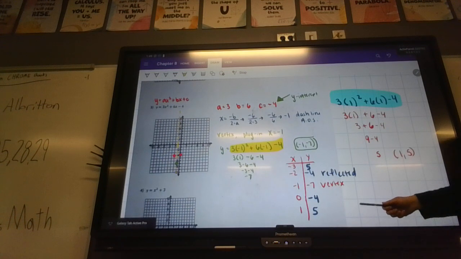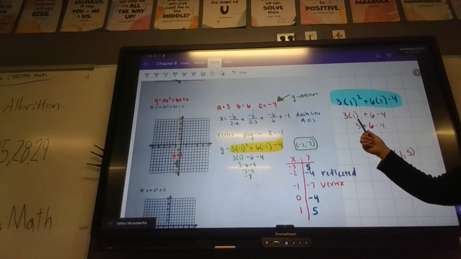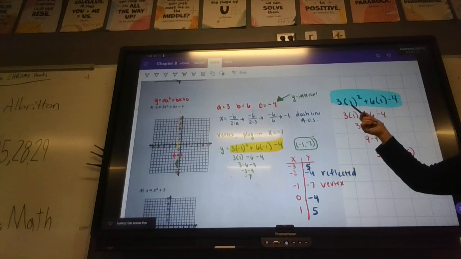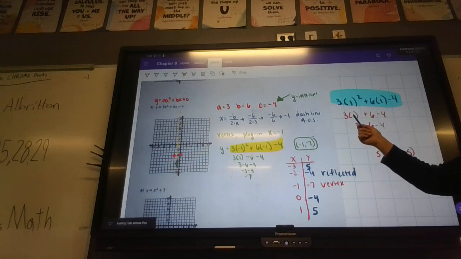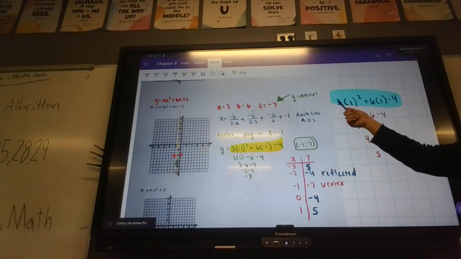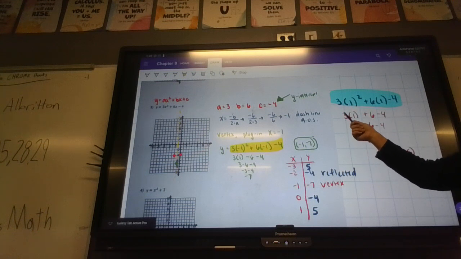So the 5 reflects, and we'll go to the top. You probably did 3 times 1 first, and then 3 squared is 9. And then 9 plus 6 is 15 minus 4, maybe? Like, did you have like a 9 here?